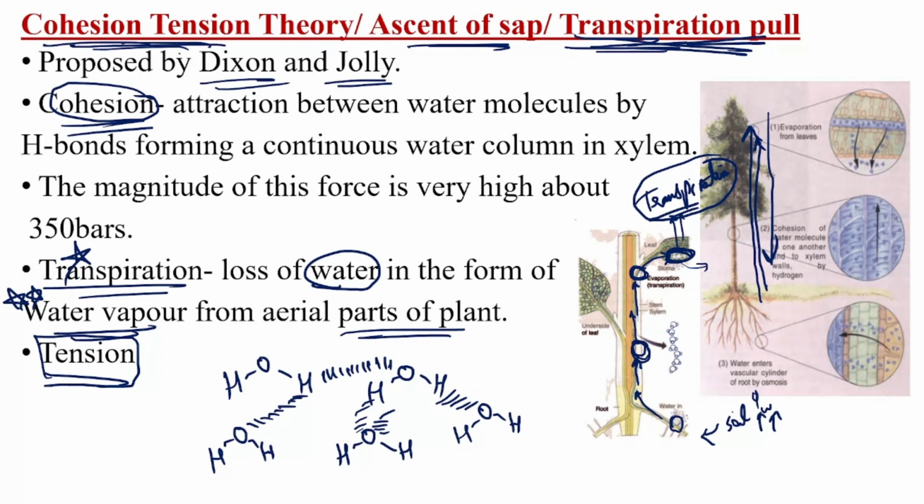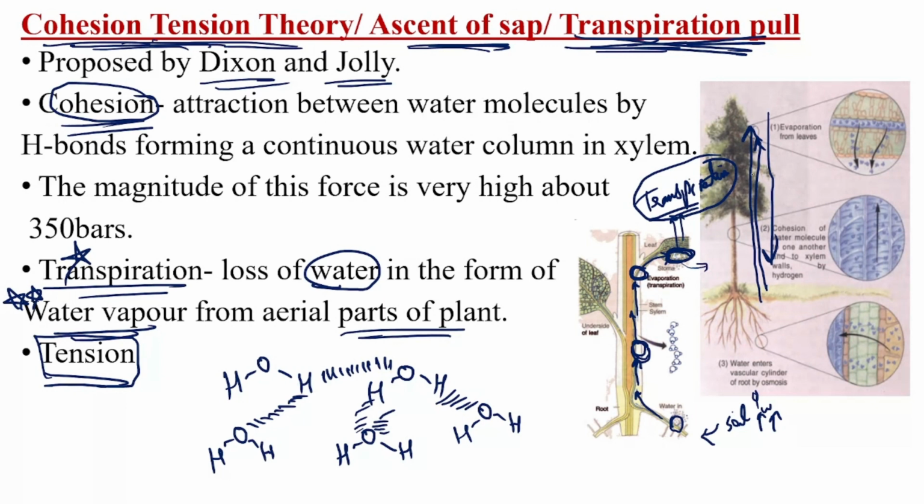So basically that's the reason it is called cohesion tension theory, or it is also called ascent of sap. That means movement of water in the xylem sap. Okay, so this was the theory which was accepted by many scientists and which proved how water gets transported from the roots to the tops of leaves in tall plants.